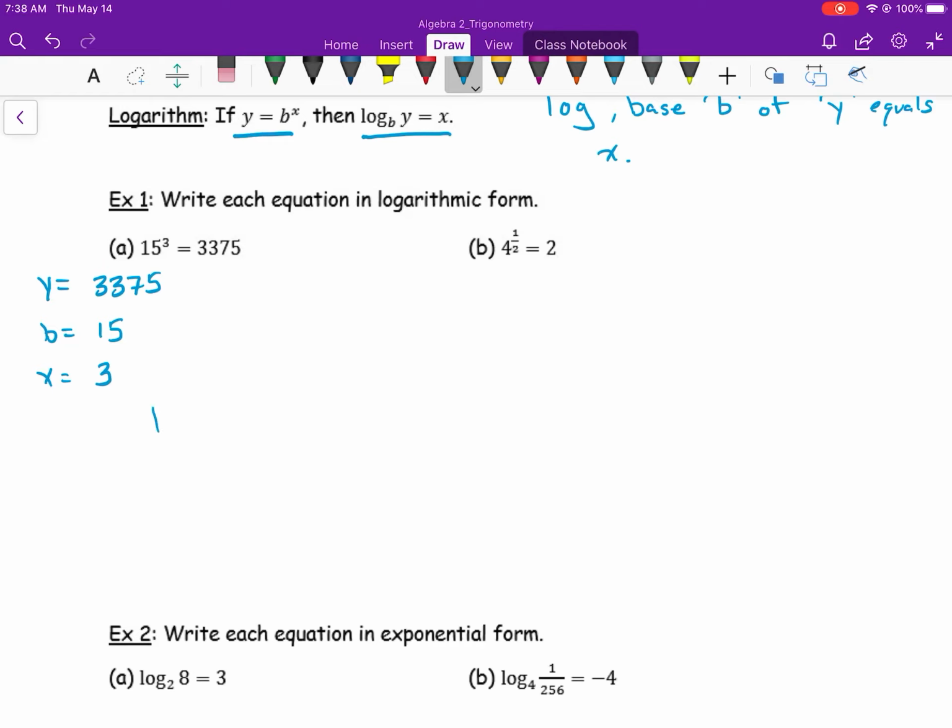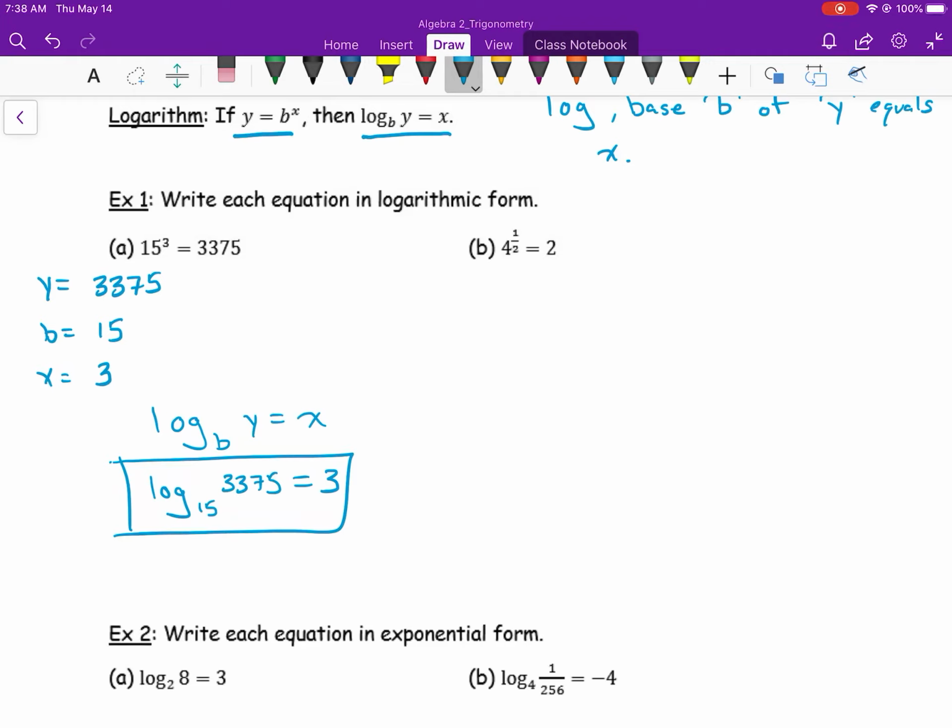In log form, remember it's log base b of y equals x. So substitute in what I have: my base is 15, log base 15 of 3,375 is equal to 3. That's converting from exponential form to logarithmic form.